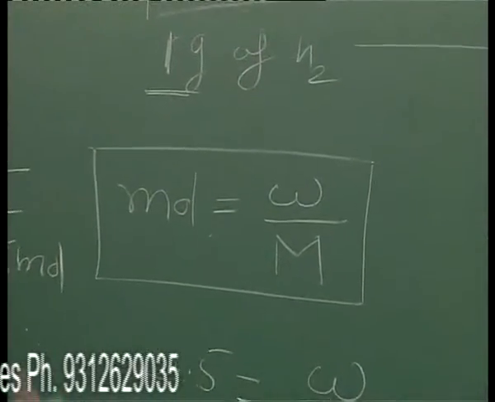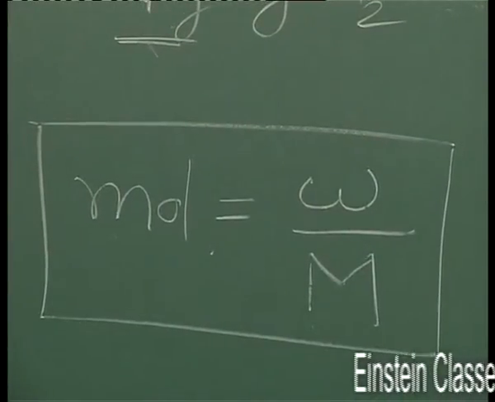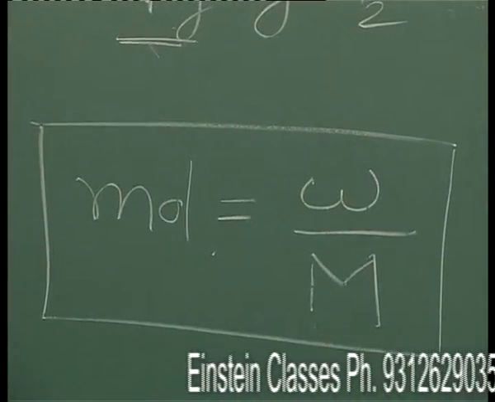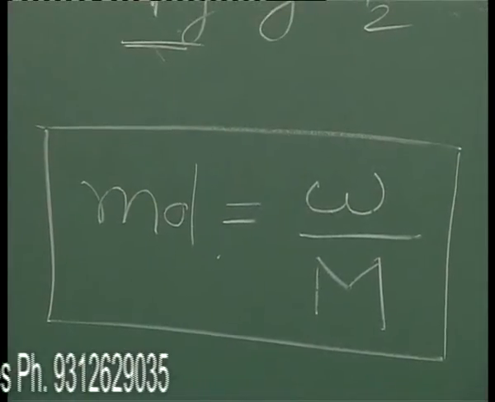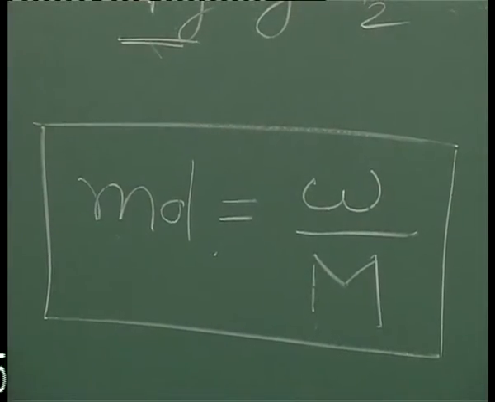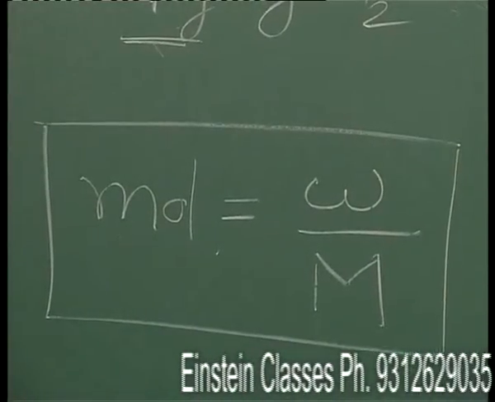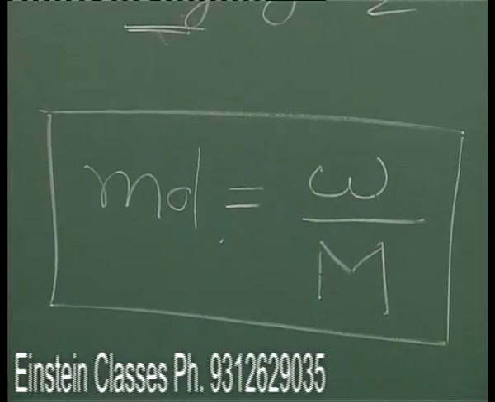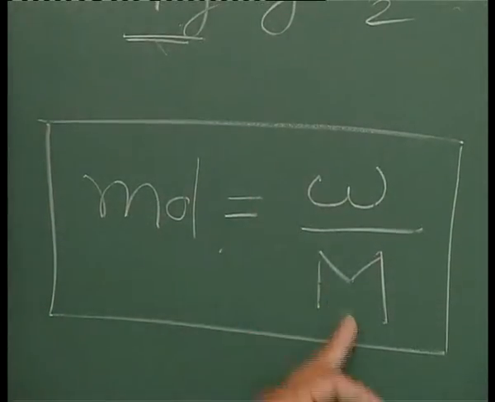If in a container we take 6 into 10 raised to power 23 atoms of helium, then its mass is different. If we take 6 into 10 raised to power 23 molecules of hydrogen, then its mass is different. So what is the same is that for molar mass we take the mass of 1 mole.